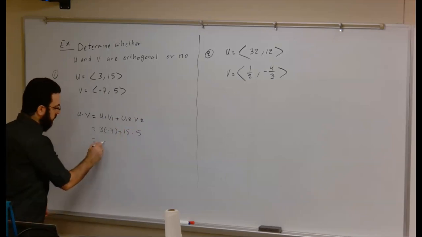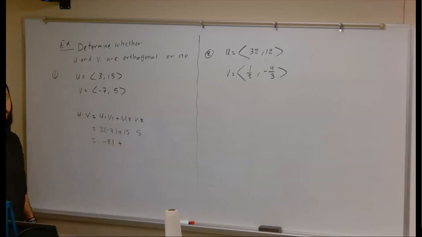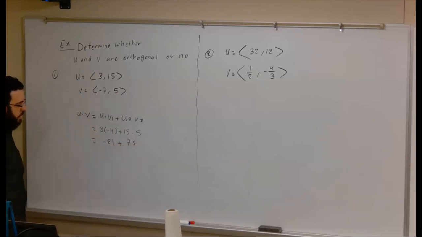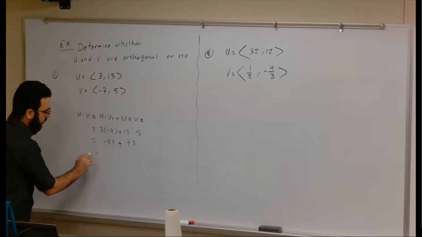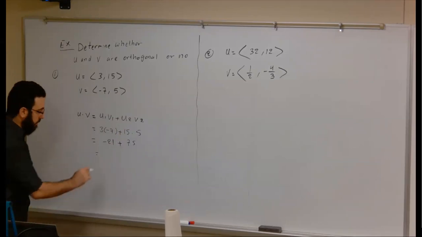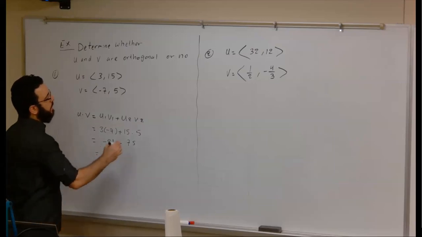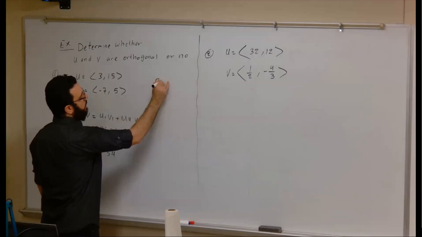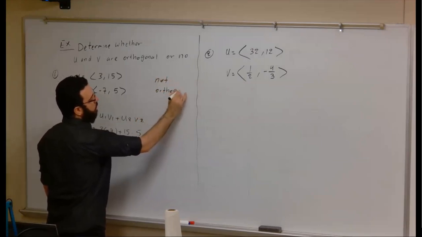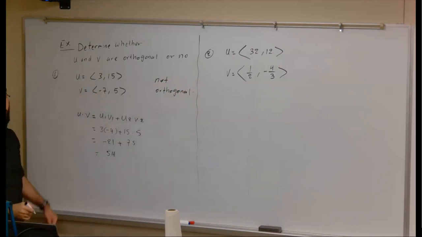This is -21, and the total is 54. So it's not equal to 0, that means they are not orthogonal. That's it. You use the dot product.